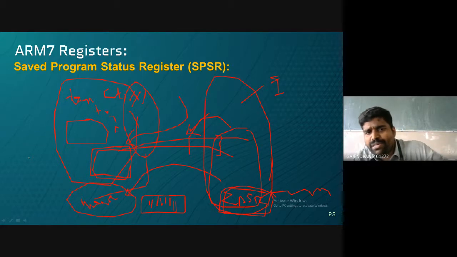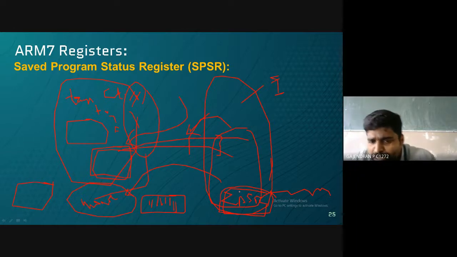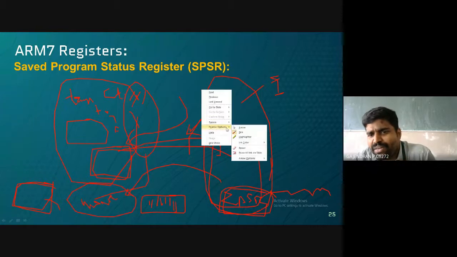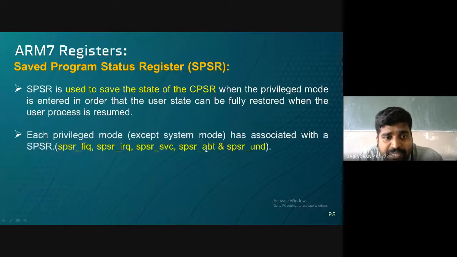Earlier in the user mode we would have used a CPSR, and there would have been some status. From there we switch. Before switching, if I use the same register, I need to take a backup. Where do I need to take a backup? It is a fantastic feature given by ARM, the saved program status register.